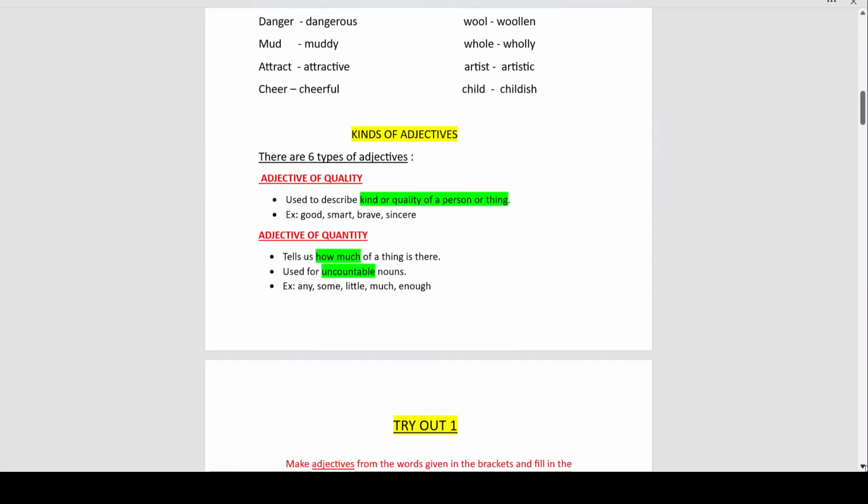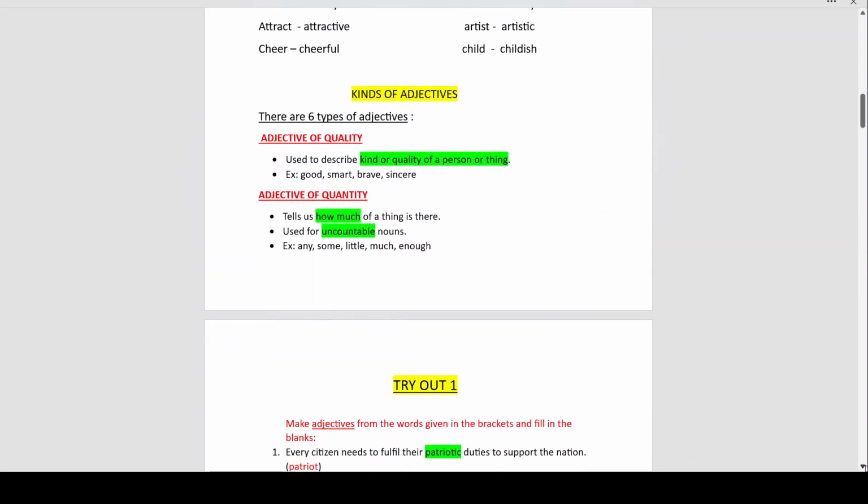Next, we come over to adjectives of quantity. Quantity means how much. So, it tells us how much of a thing is there. It is used for uncountable nouns. What are uncountable nouns? Uncountable nouns are those nouns which we cannot count. Now, supposing you have two pencils. You can count one and two pencils.